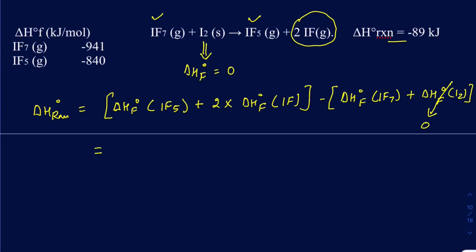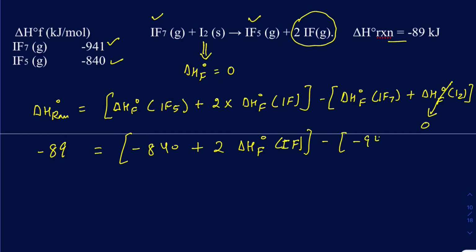So your delta H of the reaction is minus 89, so I'll just write that out there. The delta H formation for IF5 is going to be minus 840, and then plus, you've got 2 times the delta H formation for the IF, so we'll just leave that as it is for right now. So those are your products, minus the delta H formation for IF7, which is minus 941, so minus minus 941.